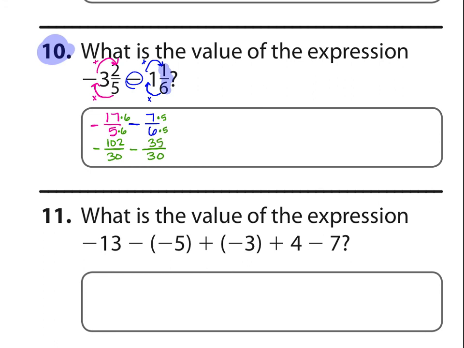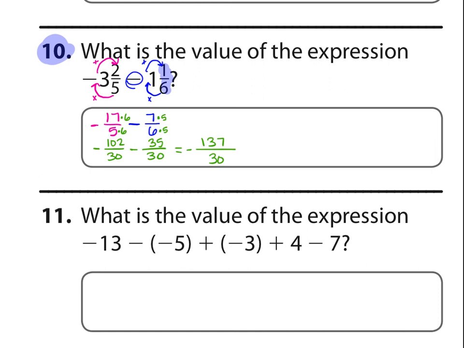And now we're ready to just add or subtract. I could say this is a negative minus a positive, or I can say this is a negative plus a negative number. What it's going to come down to is they're both treated like negative numbers. So I can add and keep my sign. So 102 plus 35 is 137.